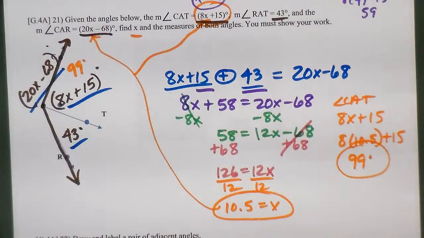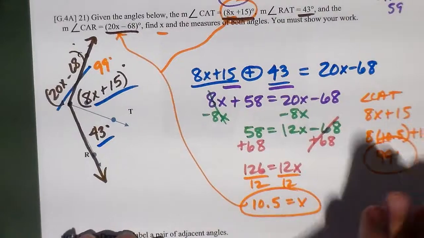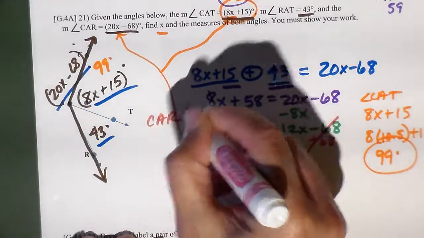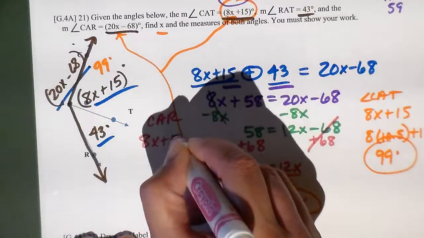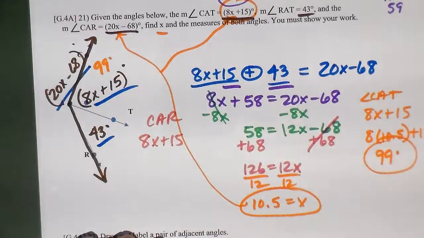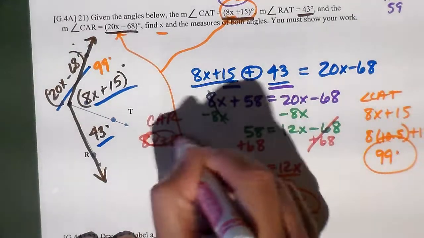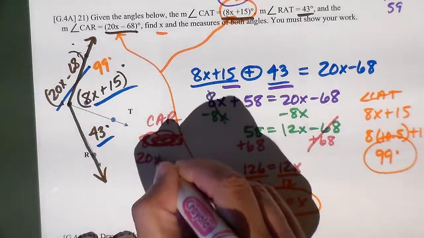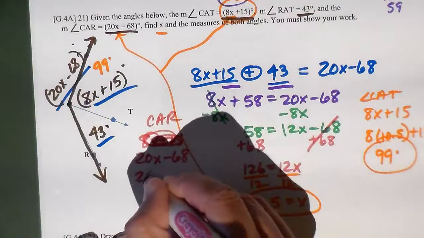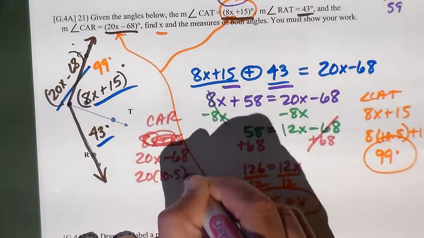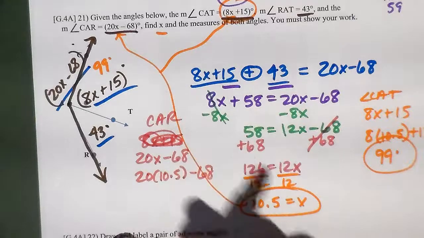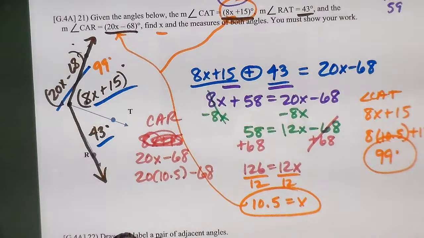All right, after we do cat, let's move over and do car. Car is 20x minus 68. So 20 times 10.5 minus 68. 20 times 10.5 is 210.